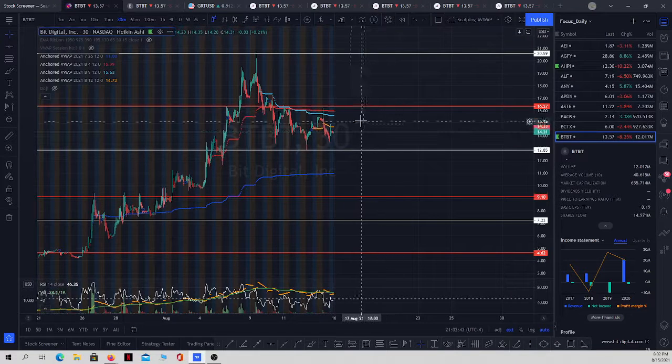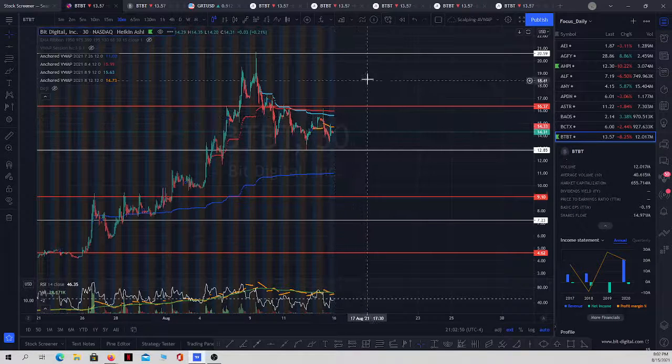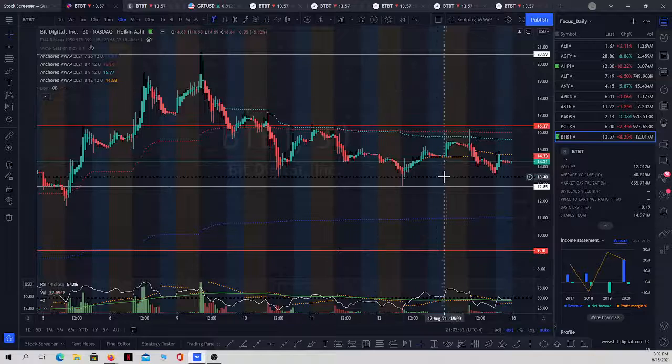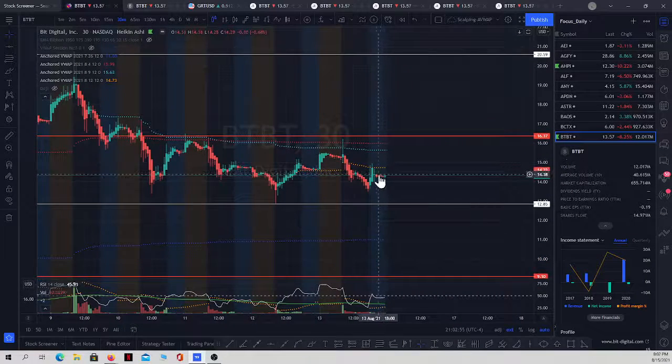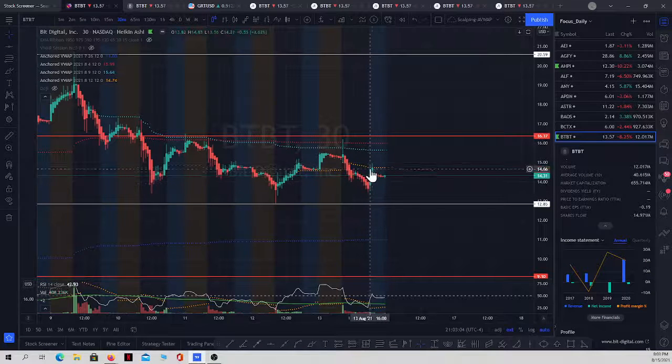If you look here, the price now is below the two anchor VWAP, and it's very close here, especially after hour on Friday. After hour, the price moved actually, so it closed above the anchored VWAP that we drew on the 12th of August.